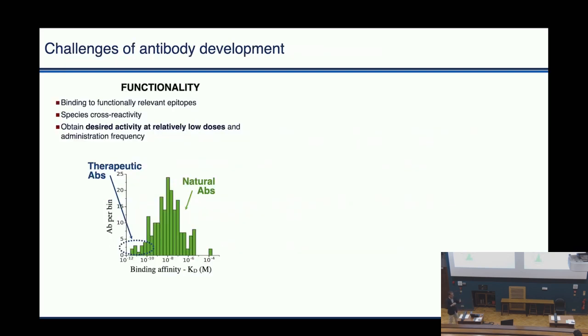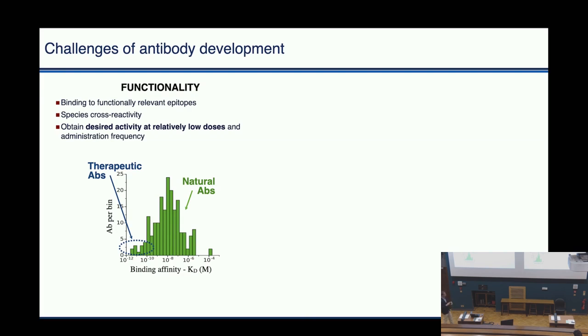And now I want to take a step back and briefly talk about the challenges of antibody development much more broadly. So now it doesn't matter if you computationally design it or not, you will be faced with these challenges, especially for therapeutic application. On the functionality side, you have challenges such as binding to a functionally relevant epitope, like the neutralizing nanobody example.